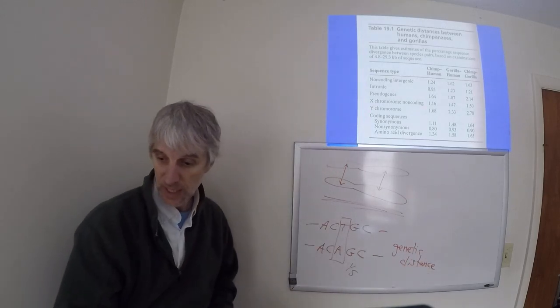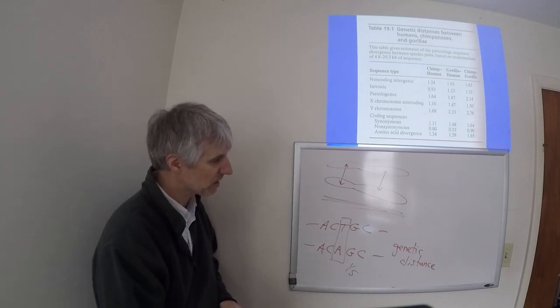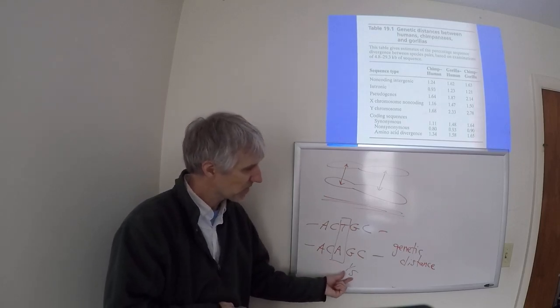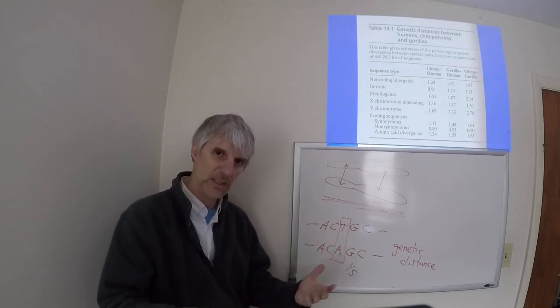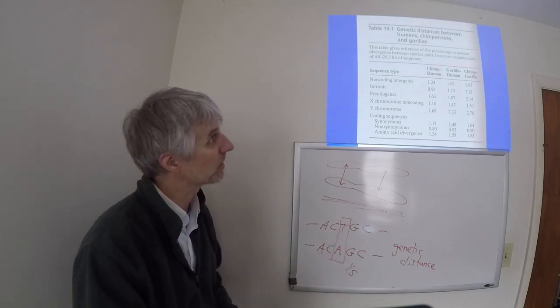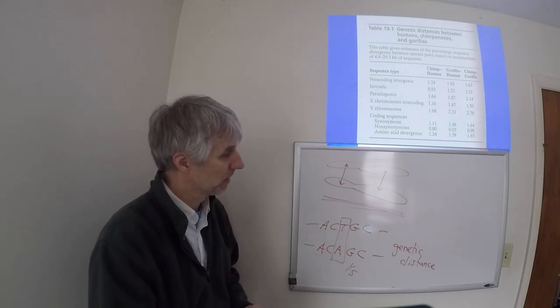Right? We called this genetic distance. Genetic distance is, in this case, 20% or 0.2, because 1 out of 5 nucleotides is different between these two sequences. Okay?